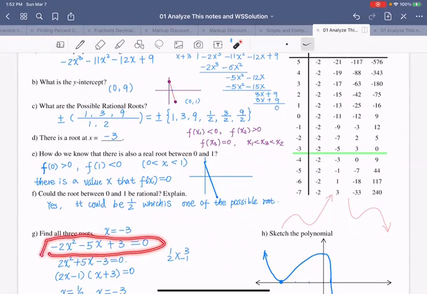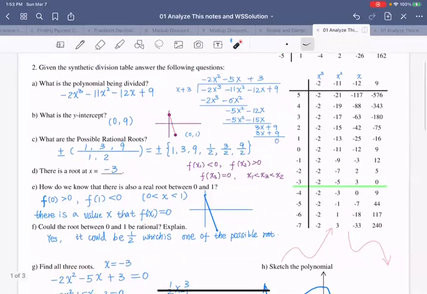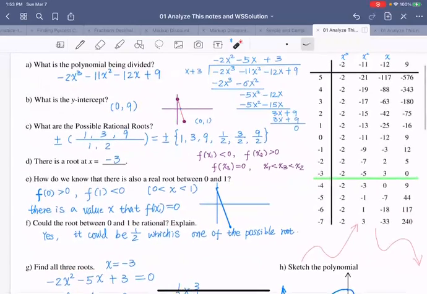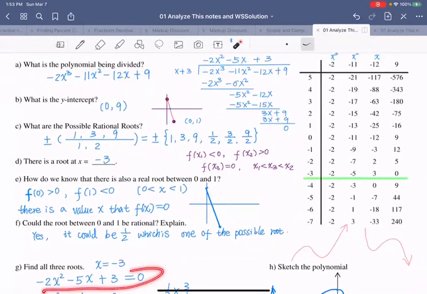Correct, Aiden? Correct. Yes. Go ahead and quickly solve this one. Everybody type in your answers for the roots of this one. You can do factoring.